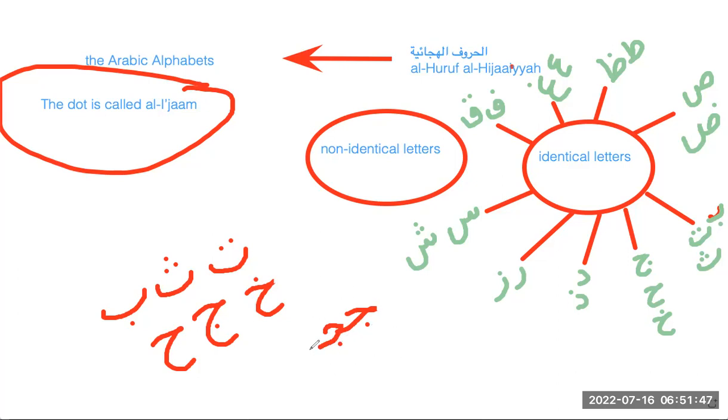The dot is placed at the bottom of the shape. And that is the importance of the i'jam. It's very important.